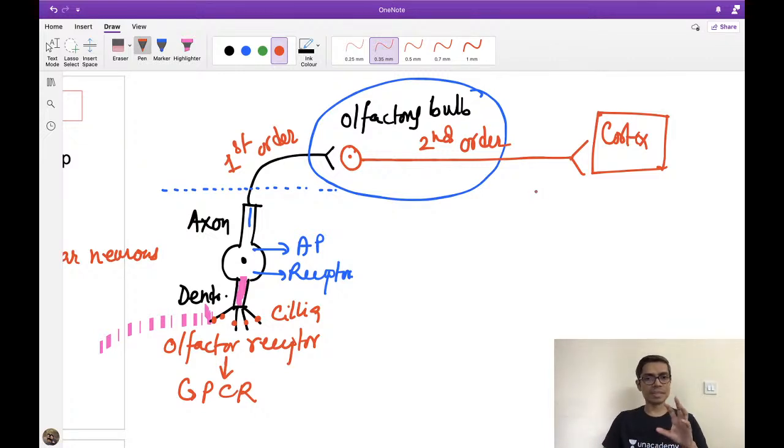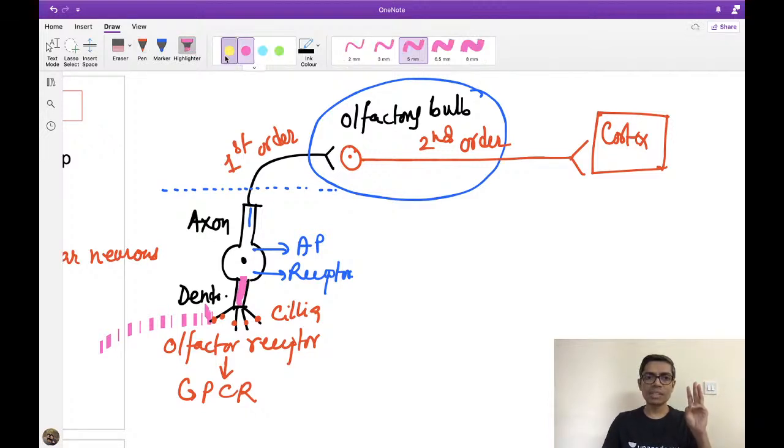Please remember, this is the different thing you have to remember here, because every sensory pathway, whether it is touch or pain, takes help of three neurons, and they first relay at the level of thalamus, and then from thalamus reach up to the cortex. But in the olfactory pathway, this is the exception.